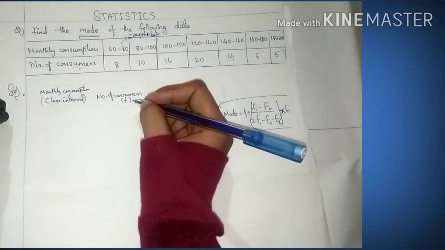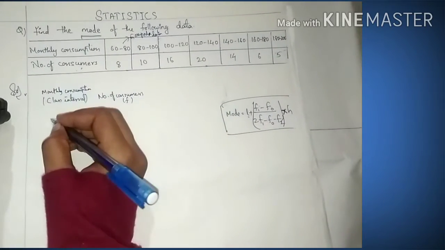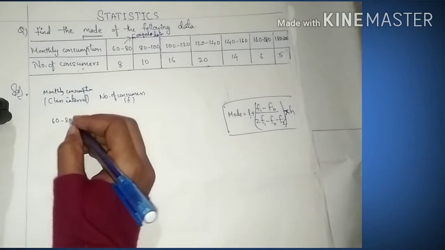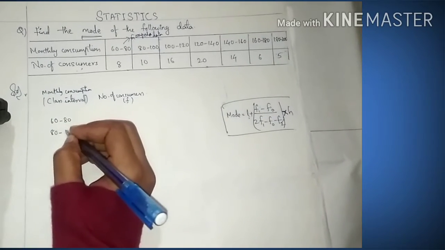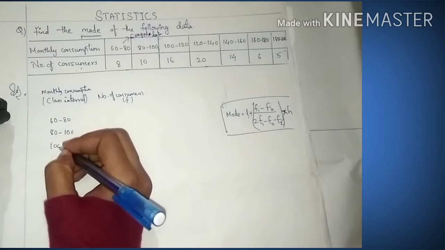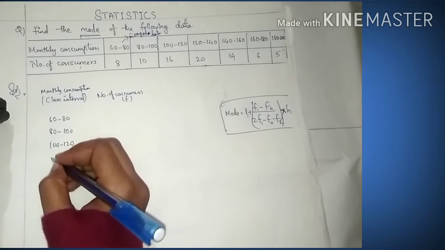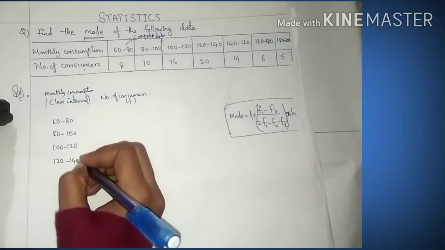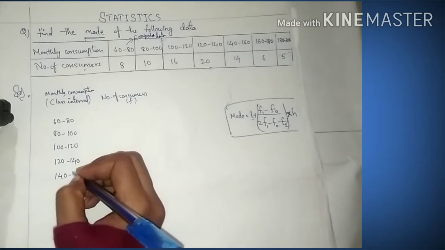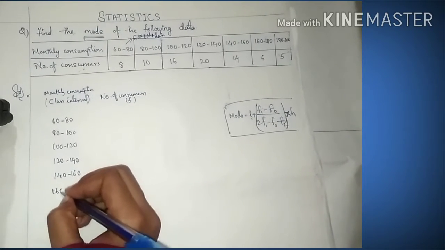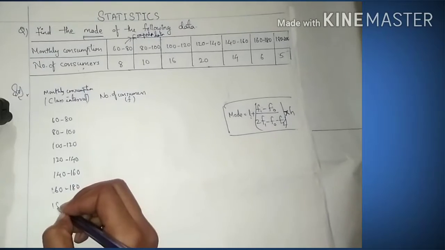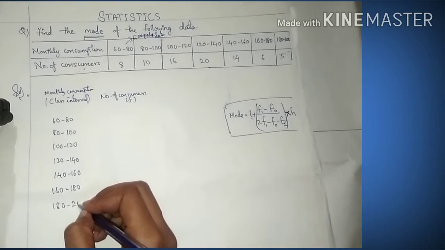Now make the columns and write the given data: 60 to 80, 80 to 100, 100 to 120, 120 to 140, 140 to 160, 160 to 180, 180 to 200. These are the class intervals.